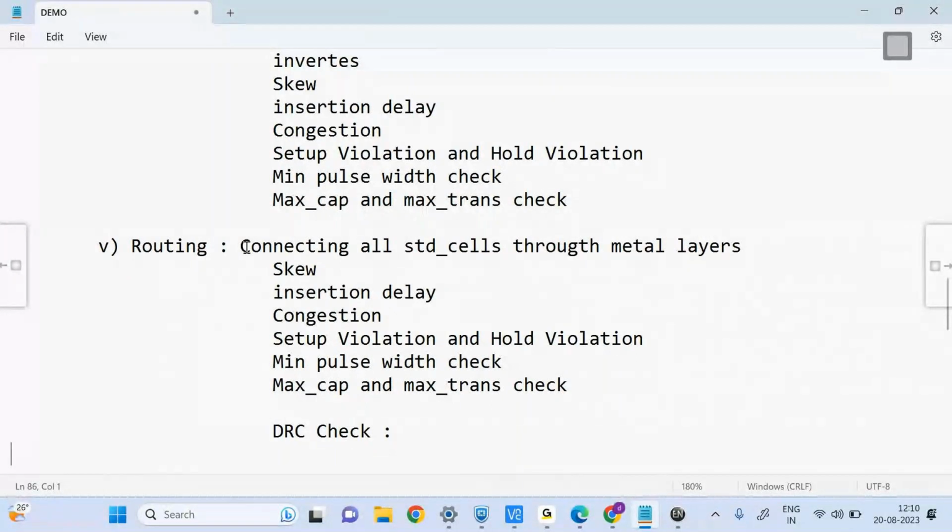So this check we'll do after routing, right? Whether all design rules are maintained or not. We do the DRC check after routing.